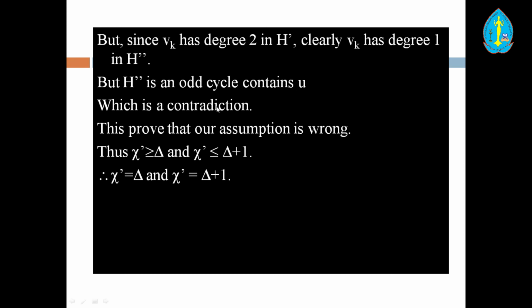This proves that our assumption is wrong. Therefore χ' is greater than or equal to Δ and less than or equal to Δ+1, that is, χ' = Δ or χ' = Δ+1.